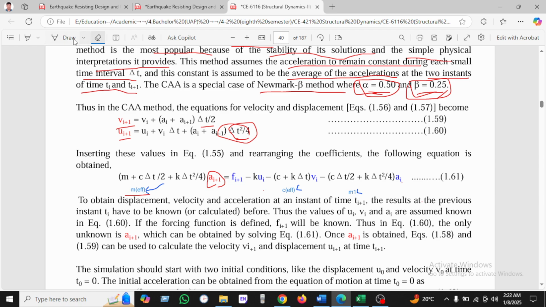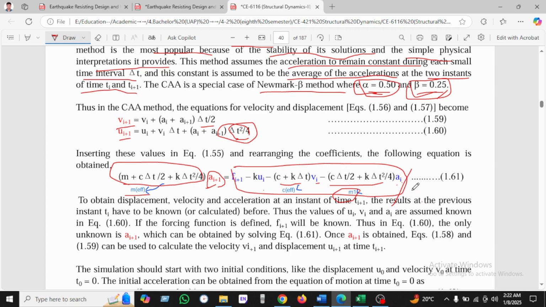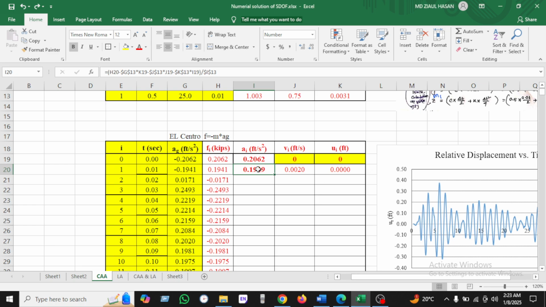This portion is m1, this portion is c effective, and this portion is m effective. So all the parameters will be divided by this portion, that means m effective. Then we will find a1. This is the value of a1.